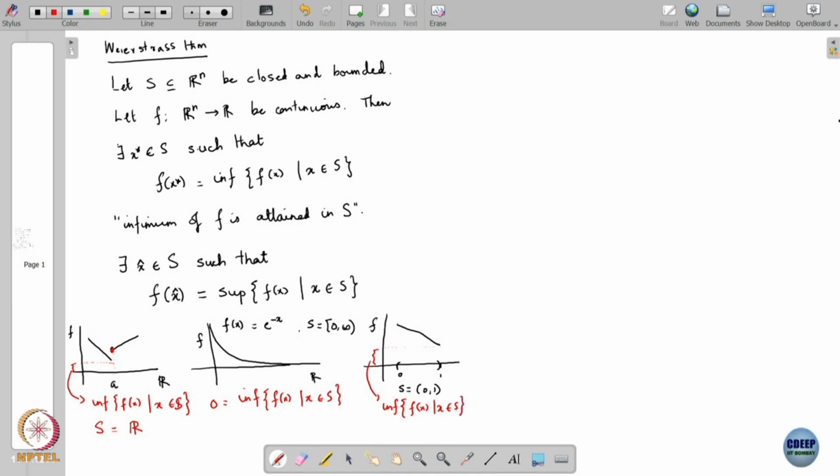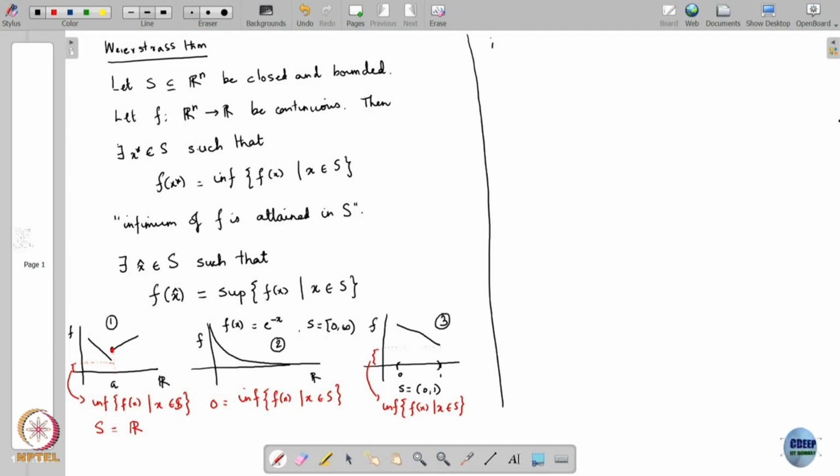And now, in each of these cases, let us ask if the infimum is attained. So, what happens in this case? In the first case, let us call this case 1, case 2, case 3.